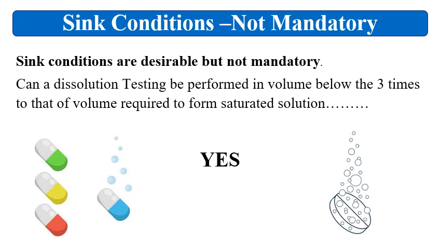But if you study the media and you come to the conclusion that the media can only dissolve 1.5 times the dose, at that time the sink is not achieved as per the definition. But the media is able to dissolve around 2 times or 1.5 times or 2.5 times, or less than 3 times the dose. Still you can perform the dissolution testing.